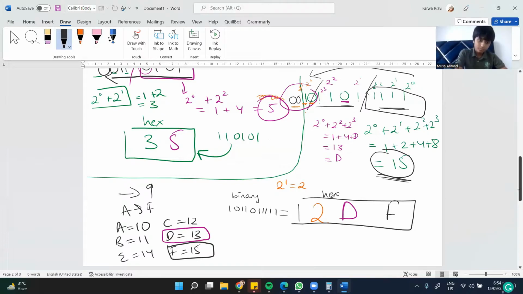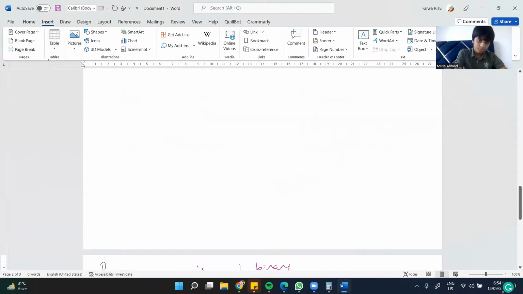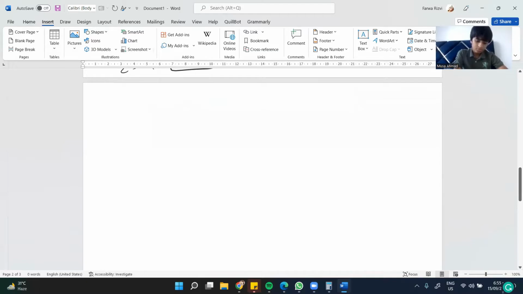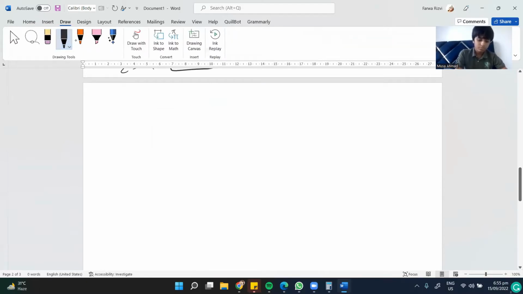All right. So the next thing we'll do is let's try converting this back to binary. I take a new page. We have 2DF. Let's try converting that back to binary. Hex to binary. So 2DF.